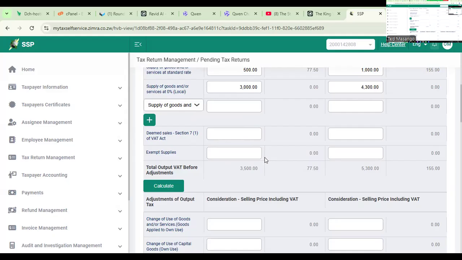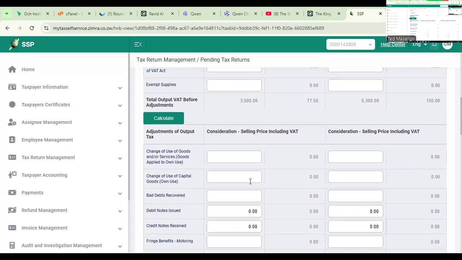That is the VAT that you charged on the sales that you did. But you have to list all the sales that you did, those which are charged 15.5%, zero rate, exempt, or any other tax percentage that is applicable, right? Then once you are complete, you then go on and do your input. So your input now is the VAT that you were charged by other suppliers.